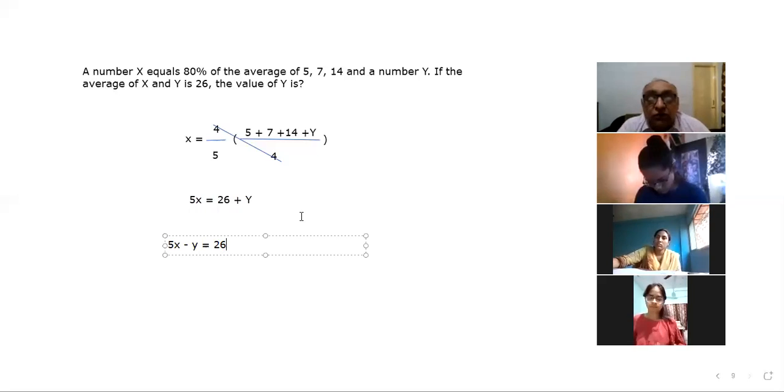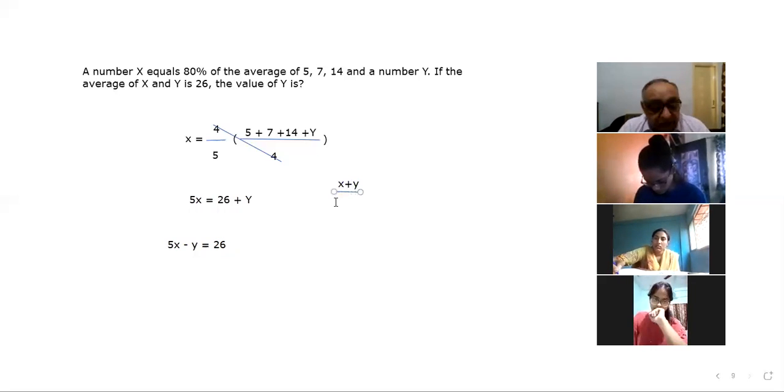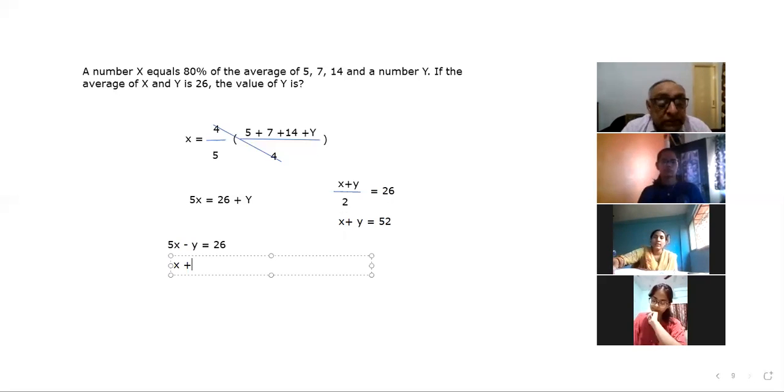It means x plus y divided by 2 is equal to 26, that is the average. So x plus y is equal to 52. One equation is this and one equation is this. Two equations, two unknowns. So x plus y is equal to 52.